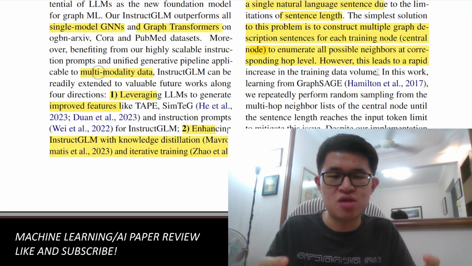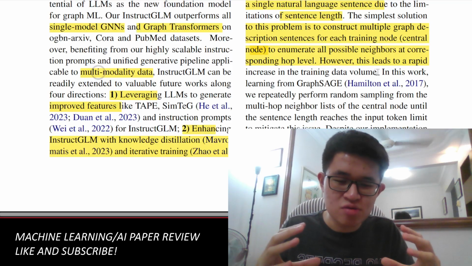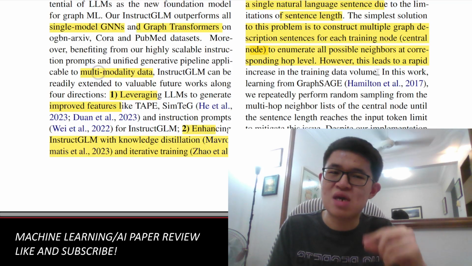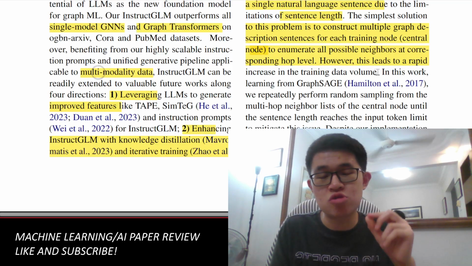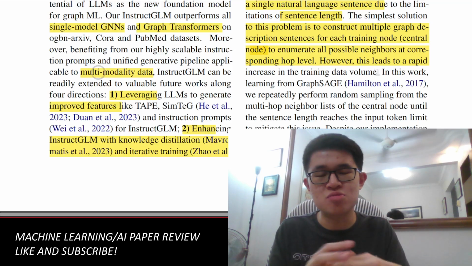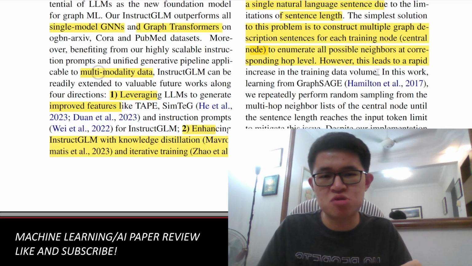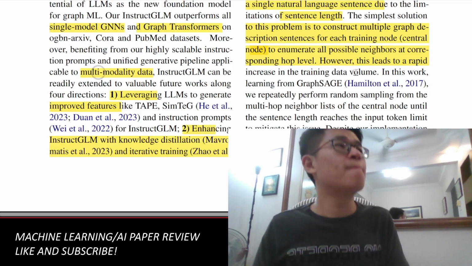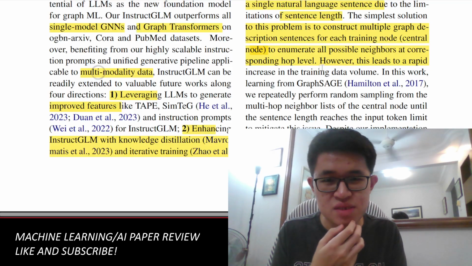Whereas for the GNN, everything is done by using the message passing mechanism, and all the interaction information is already accounted for in the model parameters itself. So you don't need an additional set of input tokens or input nodes to account for the neighbor pair interaction, right? At least that's my guess here.